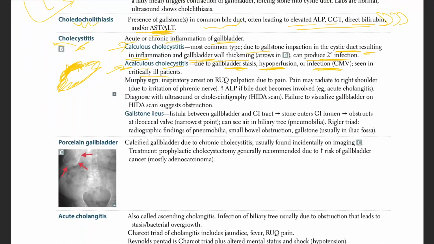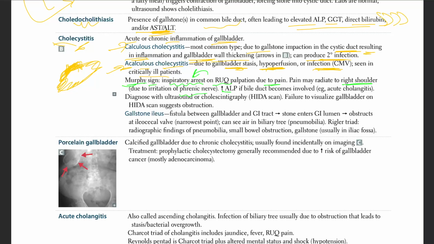Okay, so let's talk about Murphy sign. Murphy sign is inspiratory arrest on right upper quadrant palpation. As soon as you palpate the right upper quadrant, there's an inspiratory arrest due to extreme pain. Pain may radiate to the right shoulder due to irritation of the phrenic nerve.